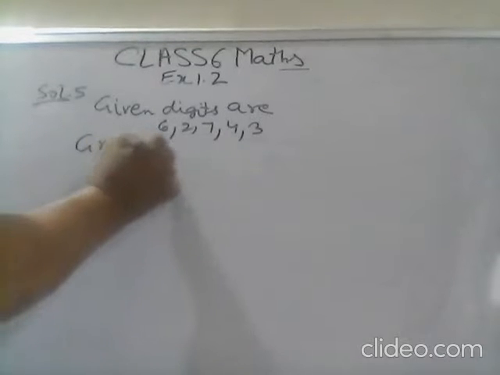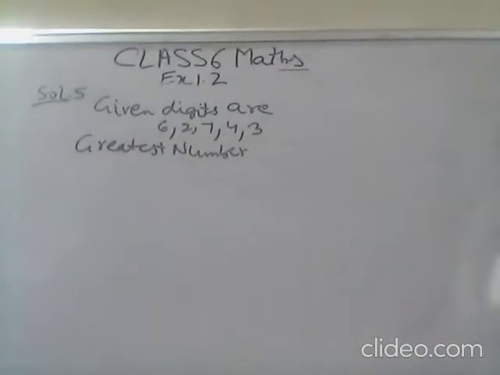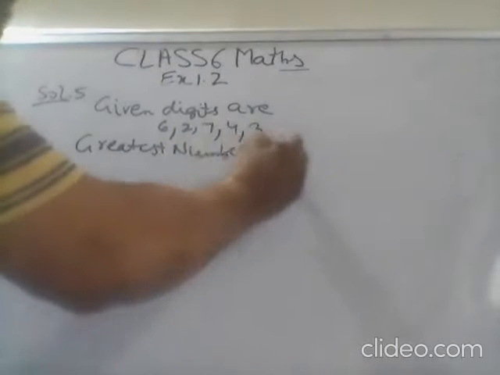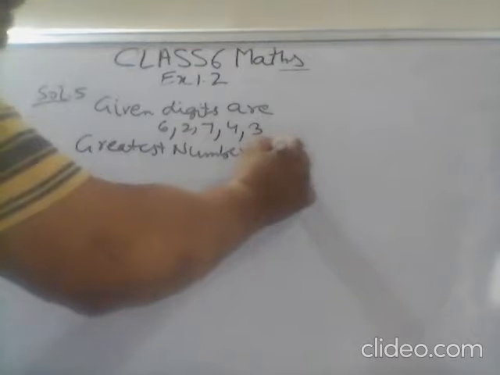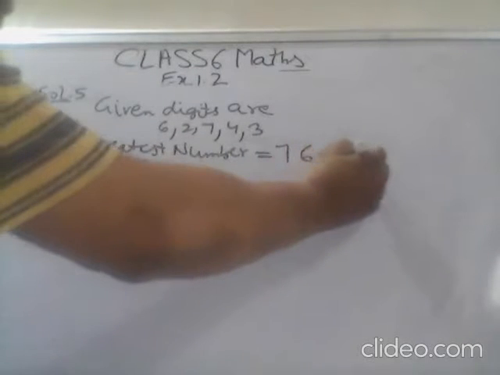Greatest number: first we will write the greatest digit 7, then 6, 4, 3, 2.